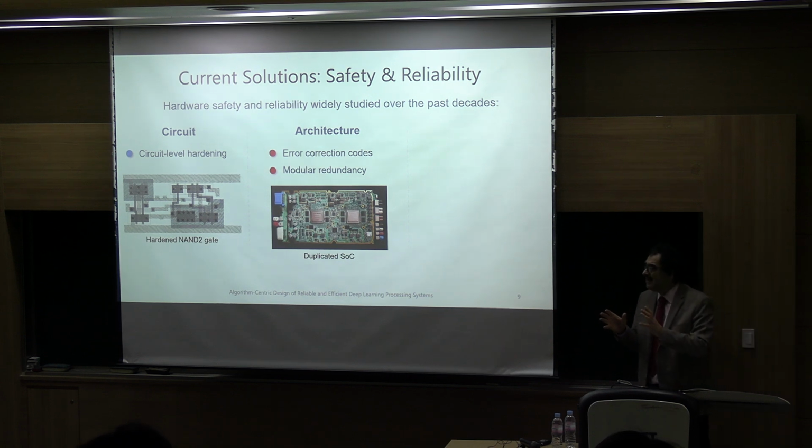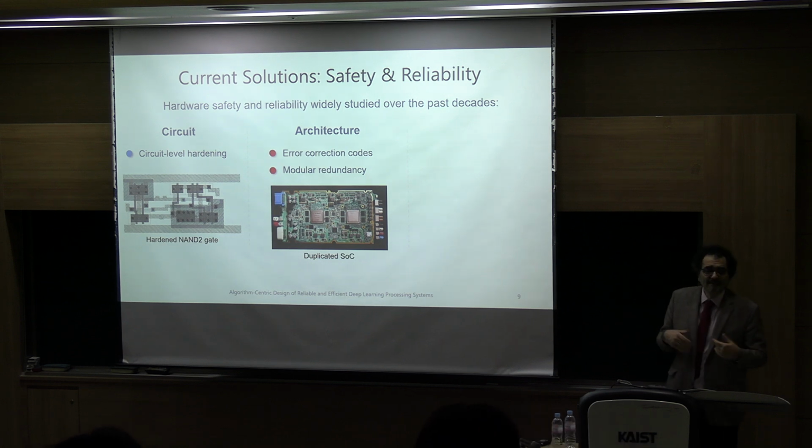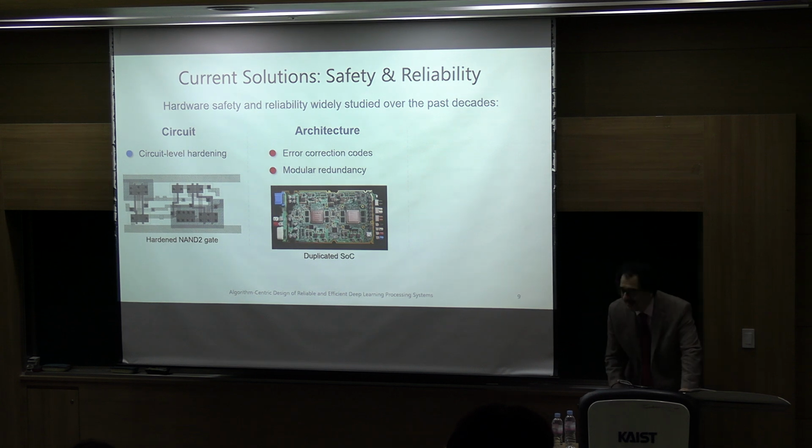And a lot of times, the codes are expensive, but even more expensive are techniques that are very comprehensive, when you duplicate or triplicate the particular chip or the hardware, particularly in places where human lives are a concern, like airplanes and stuff like that. You want to make sure that the doors on your airplane have all the screws screwed in so that the door doesn't blow up and stuff like that in that particular case.